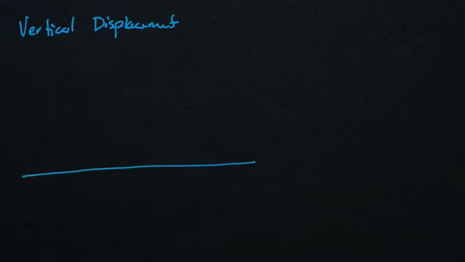So now let's take it to a different formula and let's talk about vertical displacement. And that vertical displacement is where we calculate out the apex. Where is it? How high is it going to go? So we're looking for that point right there.